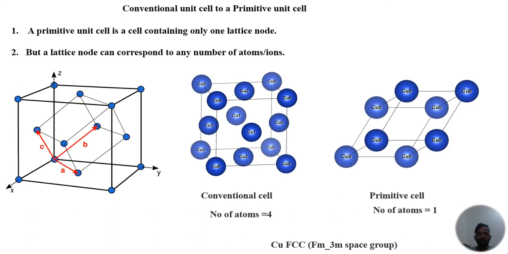Those who want to know how the primitive cell will look if there is more than one atom. First we should know what a primitive cell is. A primitive cell is the smallest cell in which each corner occupies a lattice point.